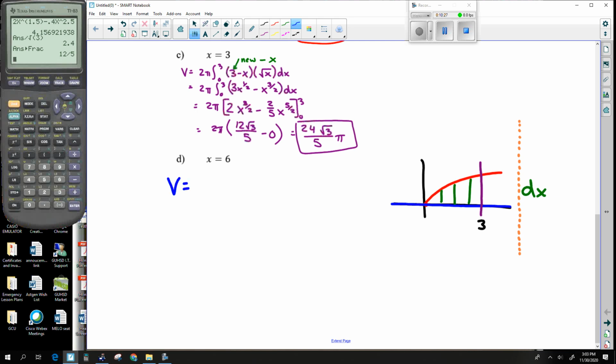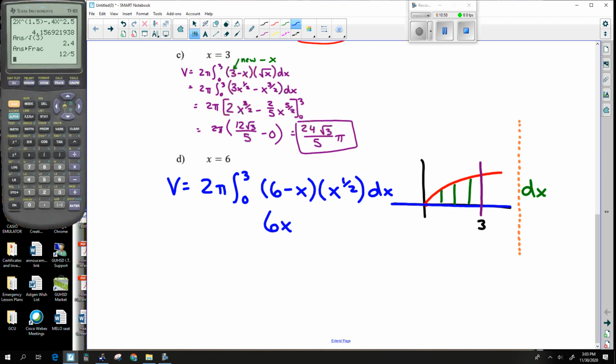So what we're going to do is we're going to stay with this shell method in this case, because we're not revolving around the x-axis or anything horizontal. So we're going to remain in this method, and the new axis is at 6. And so when x goes from 0 to 3, again, this number is going to be a positive no matter what. And again, this is the square root of x, that's the equation itself, dx.